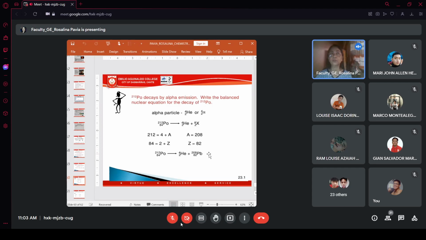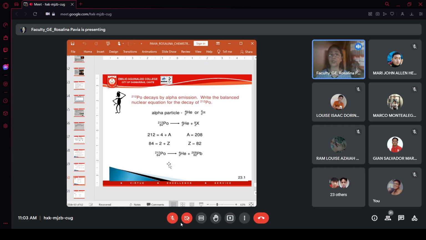Now, take note, class, that when there is a decay, let's say, nag-produce ng isang atomic nucleus or what you call radioactive nucleus, it doesn't mean to say na it matches the atomic mass in your periodic table. It depends.